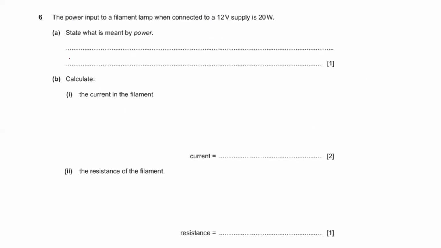So power is the amount of energy required to do useful work per unit time.